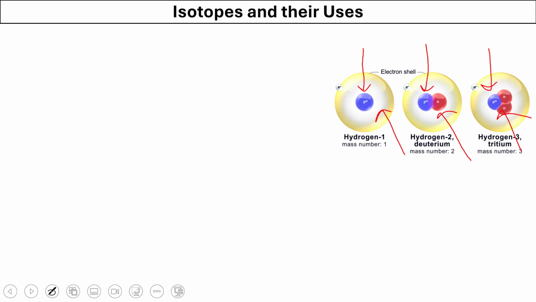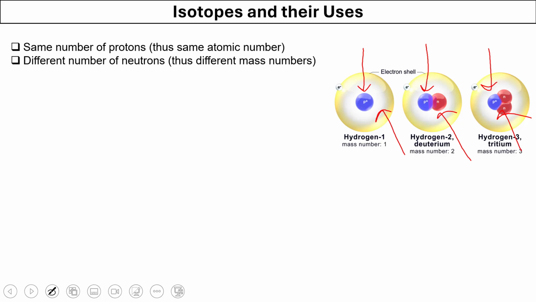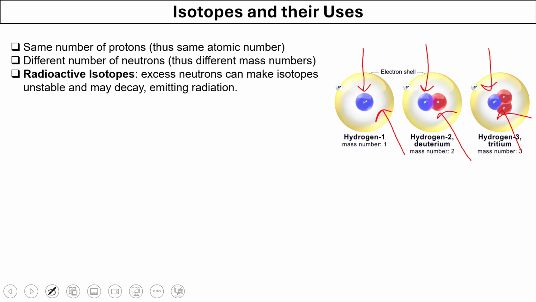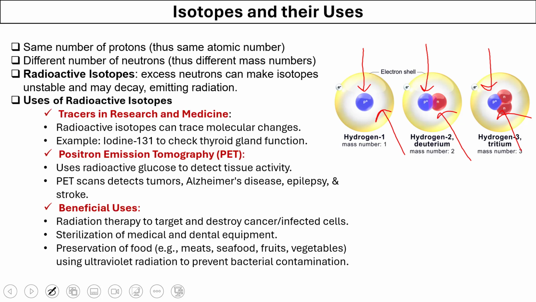That means these three different atoms of hydrogen will have different atomic mass. In that situation, atoms tend to have radioactive properties, and these properties are used by scientists for different kinds of applications listed here.